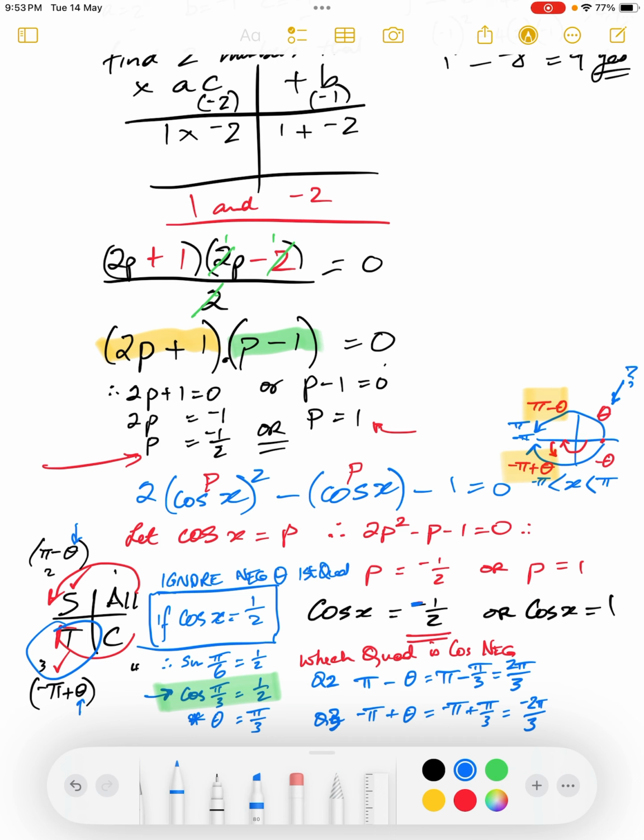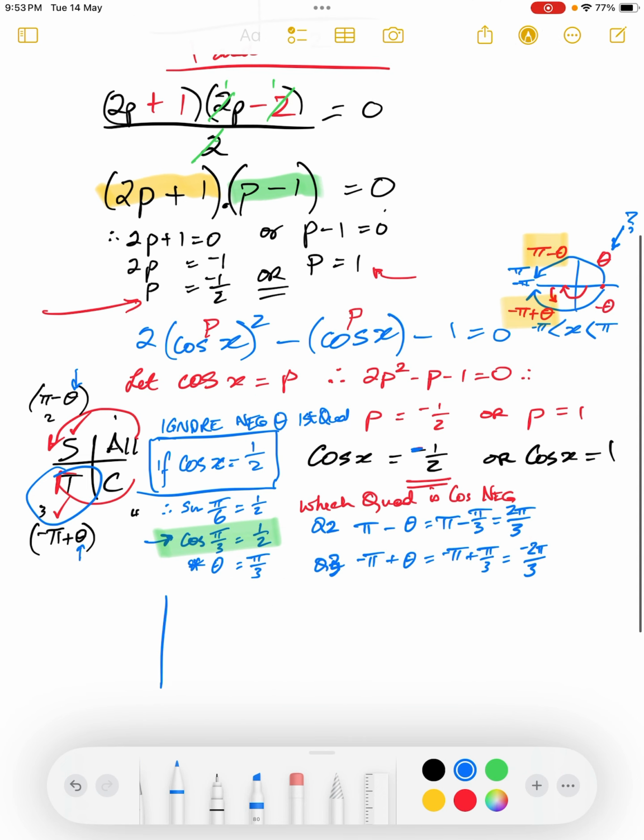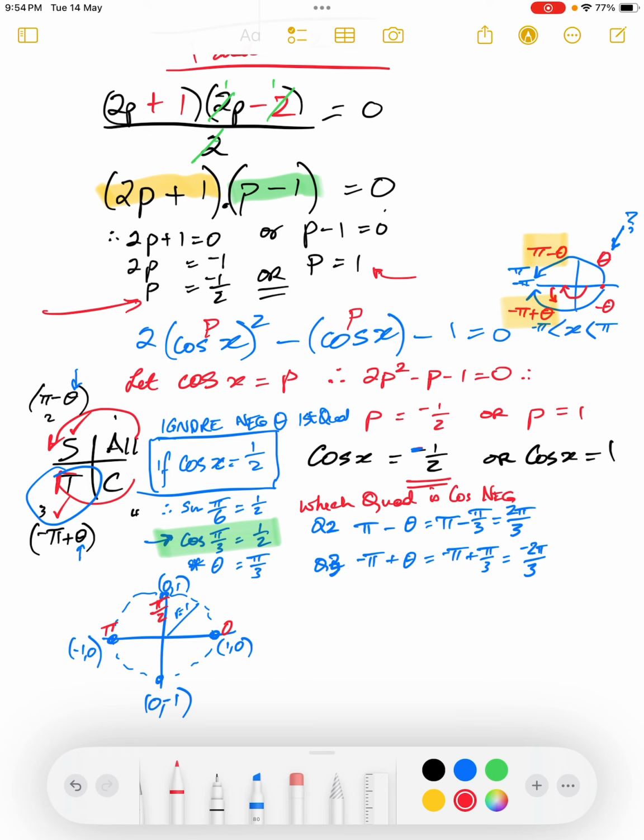Well, let's look at cos x is equal to 1. And if you know the unit circle values, where the radius is 1, this is the point 1, 0, this is the point 0, 1, this is the point negative 1, 0, this is the point 0, negative 1, and theta here is 0, theta here is pi over 2, theta here is pi, theta here is 3 pi over 2.